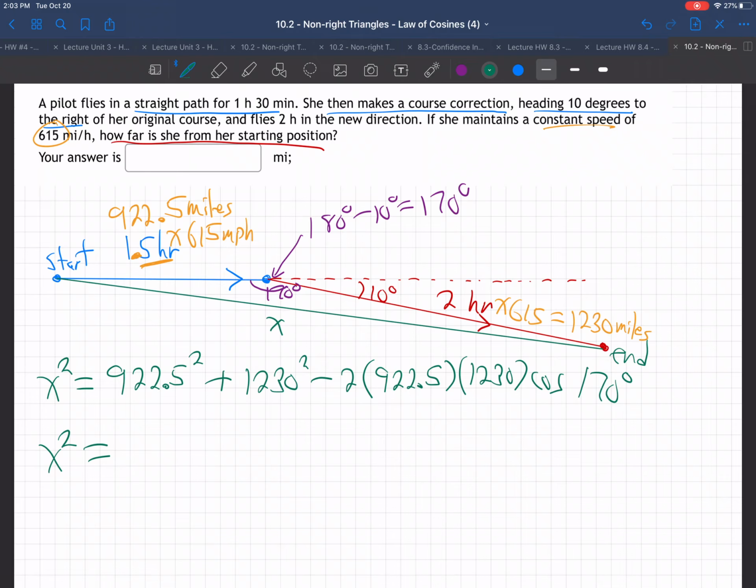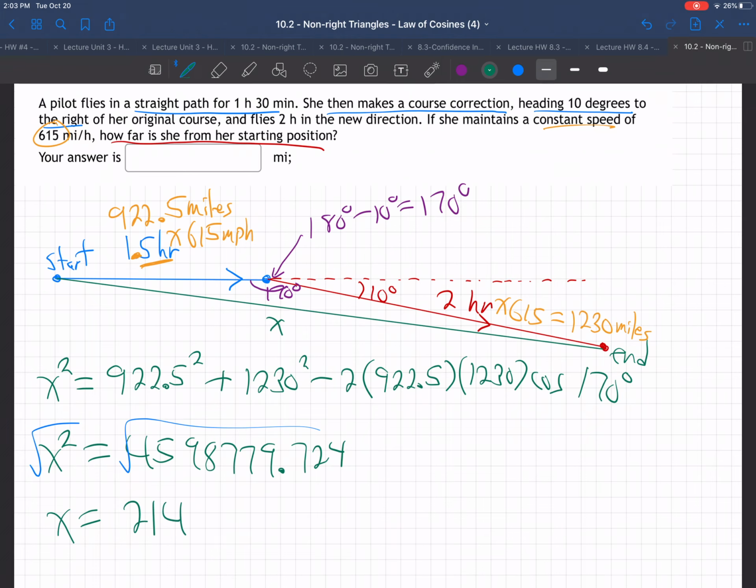Yeah, leave it at that. I'm getting 4,598,779.724. Take the square root, and x will equal, hitting the square root button, using the answer button on my calculator, 2144.476.